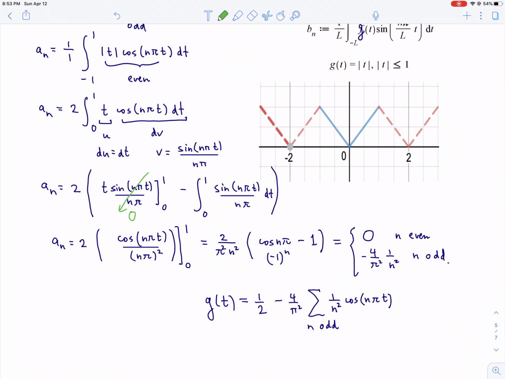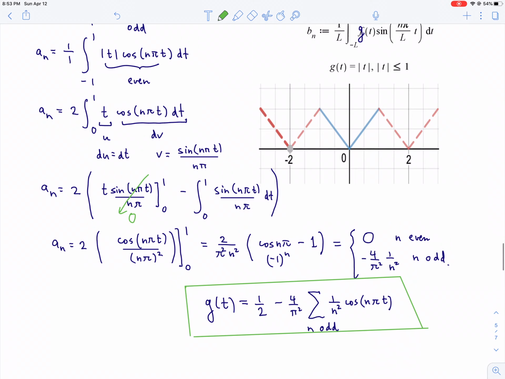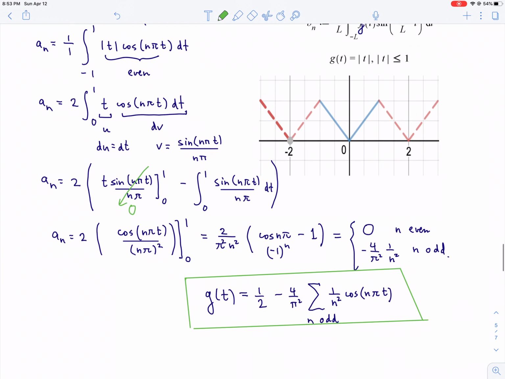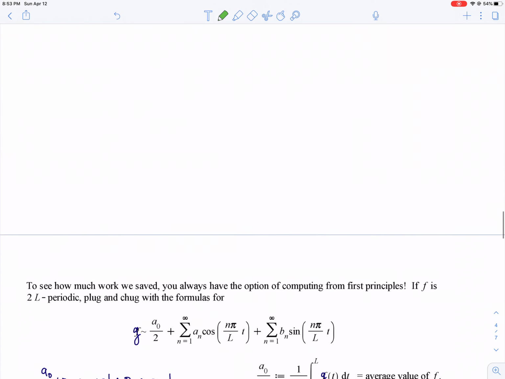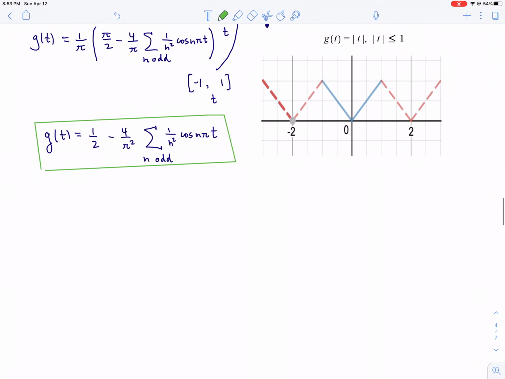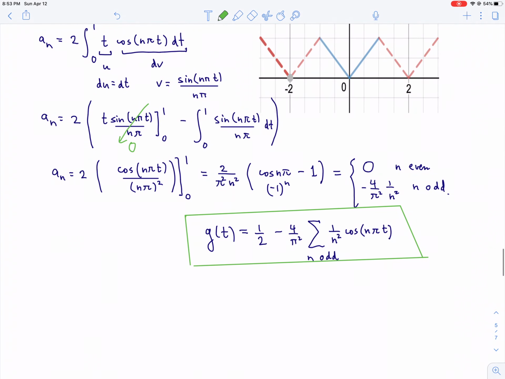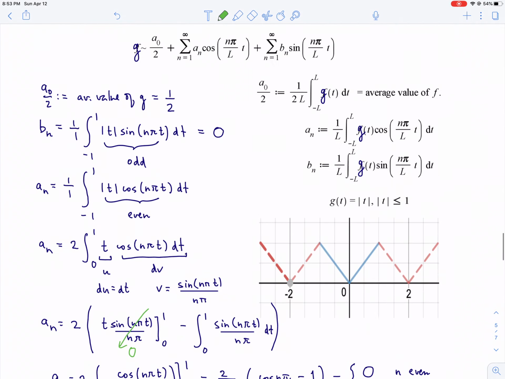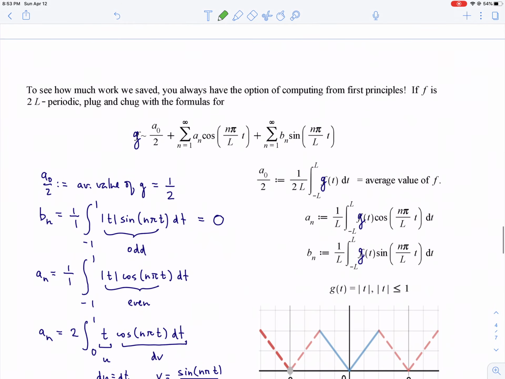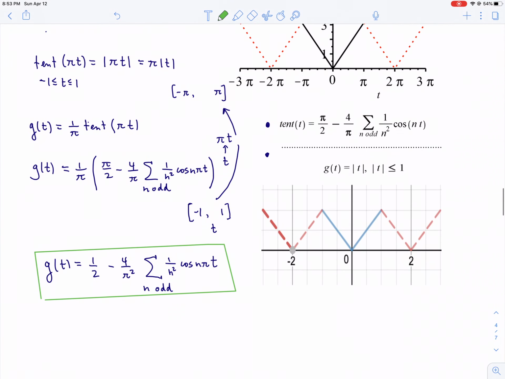And if we did everything right, after all of this work, hopefully we got the same answer as we had on the previous page by rescaling. So have a look. They're the same. Okay, so you can always do it either way. Often rescaling is the way to go.